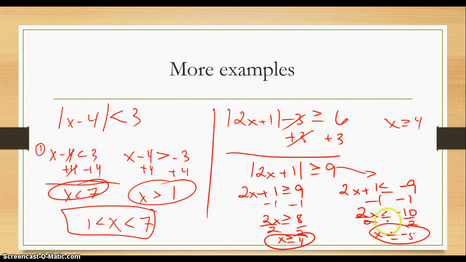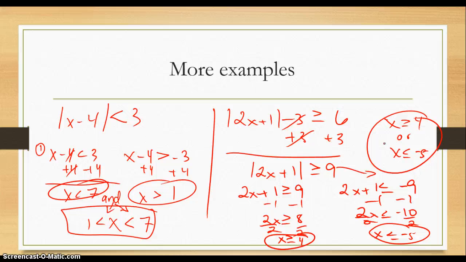And now I notice that these two go in opposite directions, so I'm going to put the word or in there, and x is less than or equal to negative 5. The earlier one was an and, so I can make my answer into a compound. And we know this one is an or. They're going to go in opposite directions, so I can leave it as two separate statements in an or inequality.